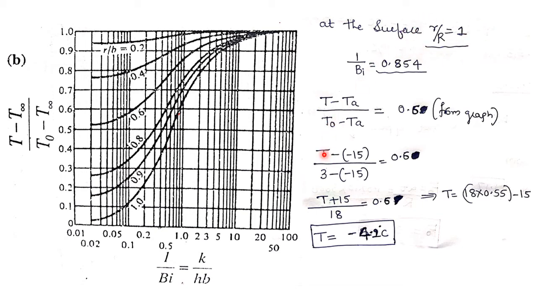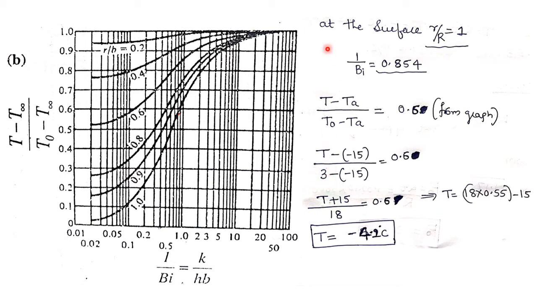While calculating the centerline temperature, this T indicates the centerline temperature and this T indicates the uniform temperature of the sphere.